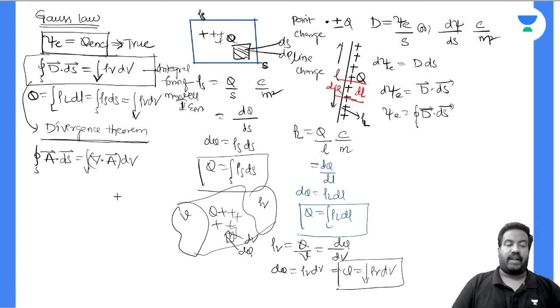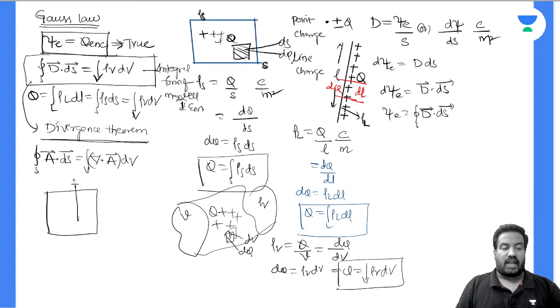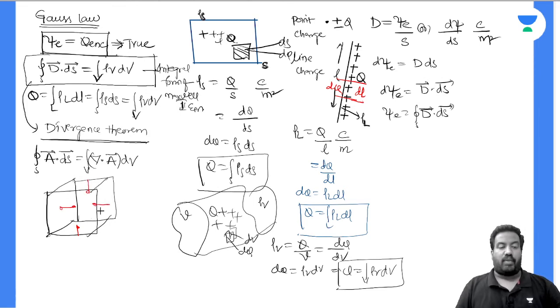It gives a definite relation between closed surface and volume. For example, A is any energy source, just like a light source. The amount of light that is kept on the closed surface is equal to the amount of light that is spreading, diverging in the volume. See how beautifully closed surfaces and volumes are interrelated by divergence theorem.